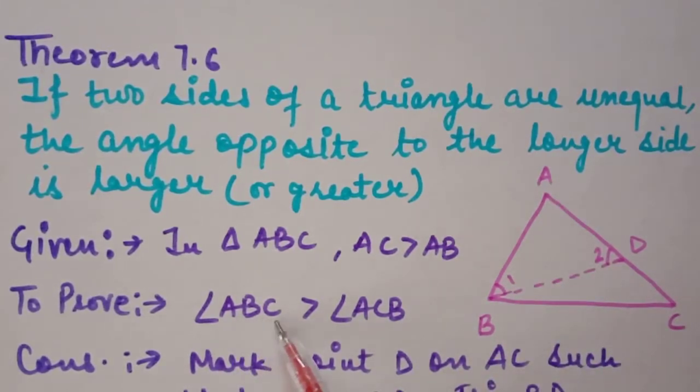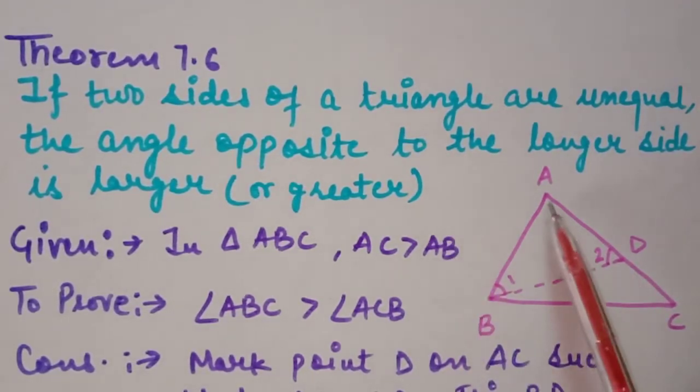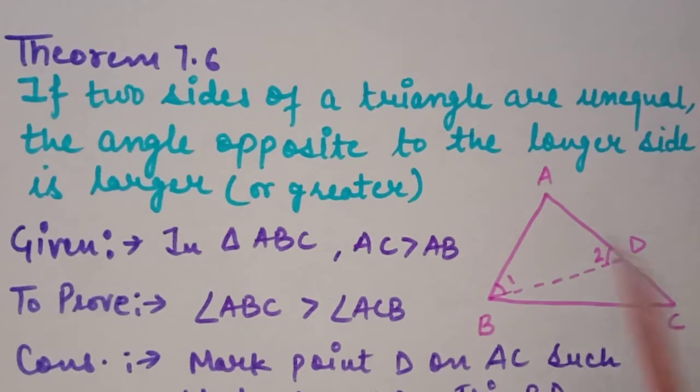So angle ABC, which is opposite to the greater side, is greater than the angle which is present in front of the other side. The angle opposite to AB is angle C. So angle ABC is greater than angle ACB. We have to prove it.